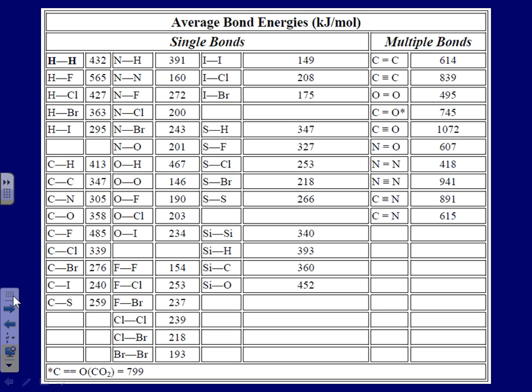So a C double bond O in carbon dioxide has a different strength than a C double bond O in another molecule. I'm not going to try to name another one. We haven't done enough of that yet. But these are just averages of many examples of bonds that have been sampled over many different compounds, which makes this really an estimating tool.